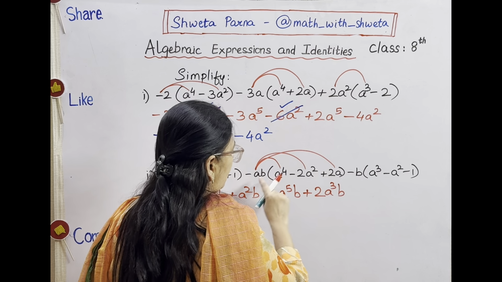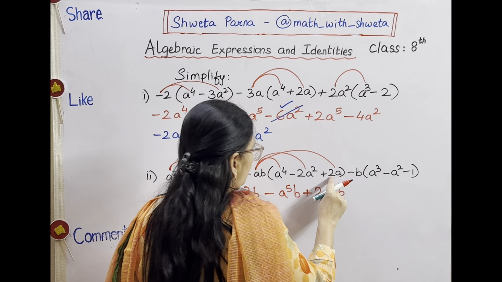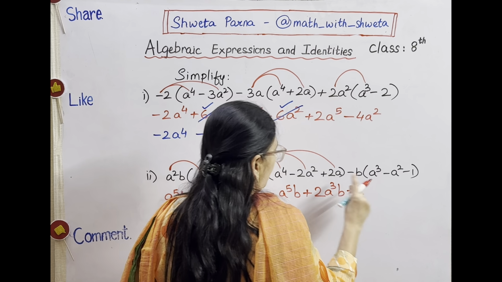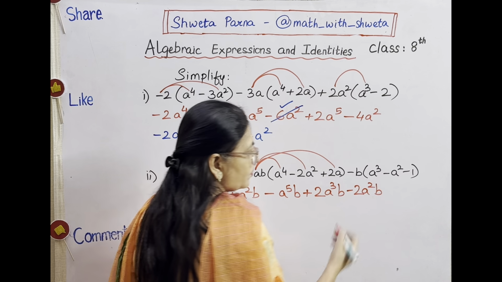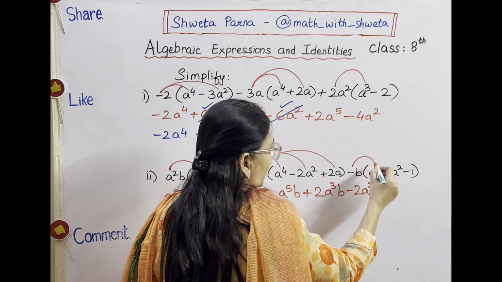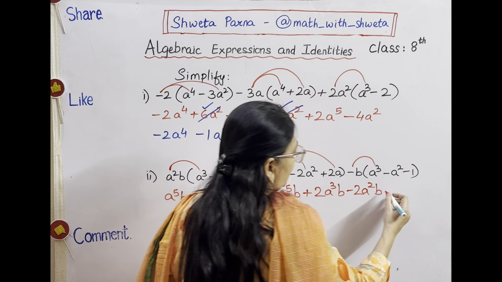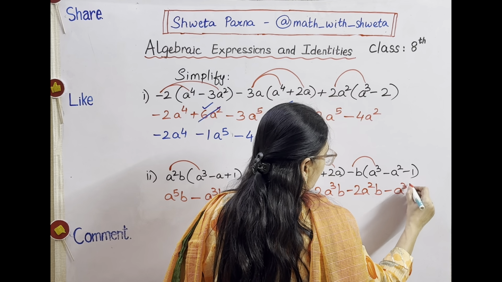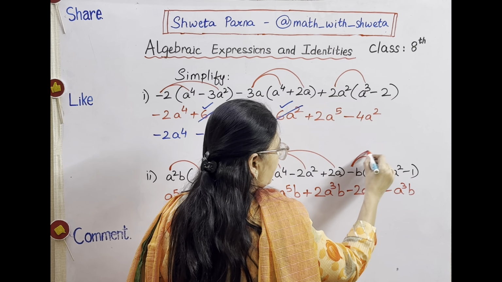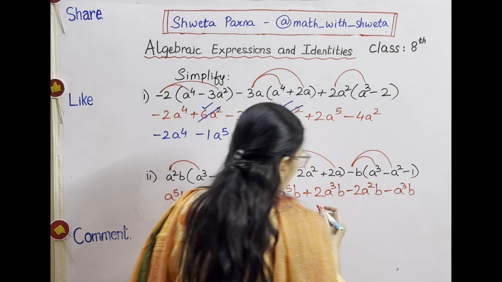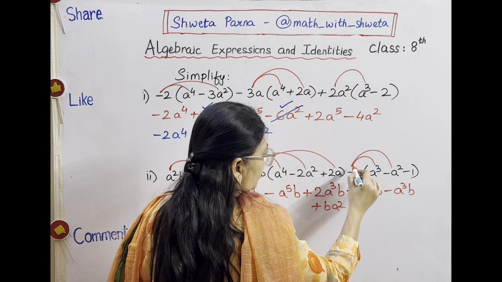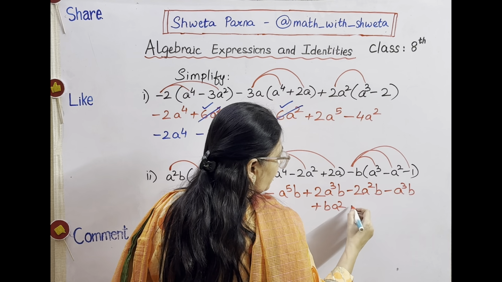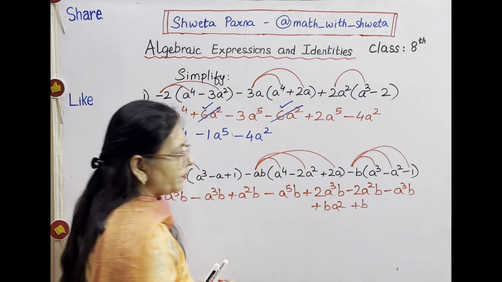Then minus ab into 2a will become minus 2a square b. Then minus b into a cube will become minus a cube b. Minus into minus will become plus b a square. Minus into minus will become plus b.